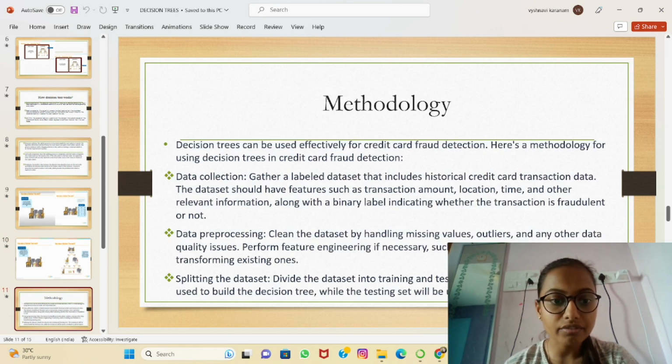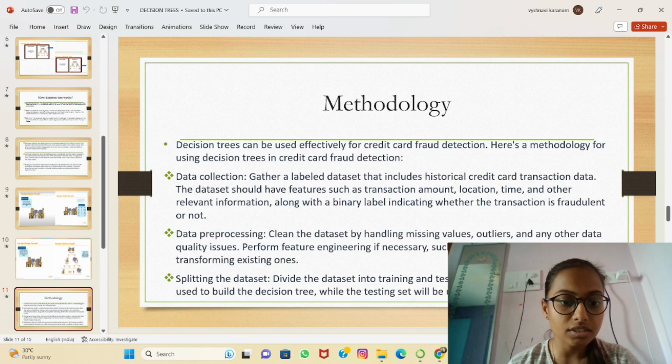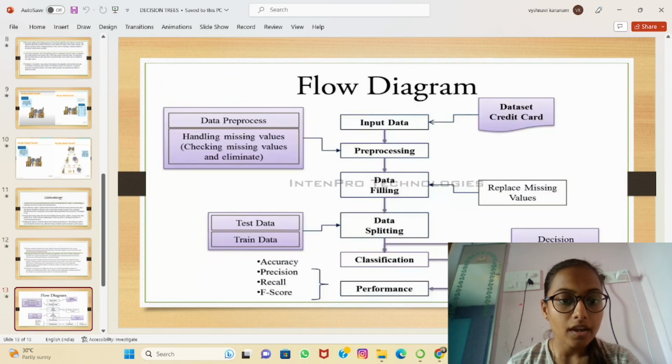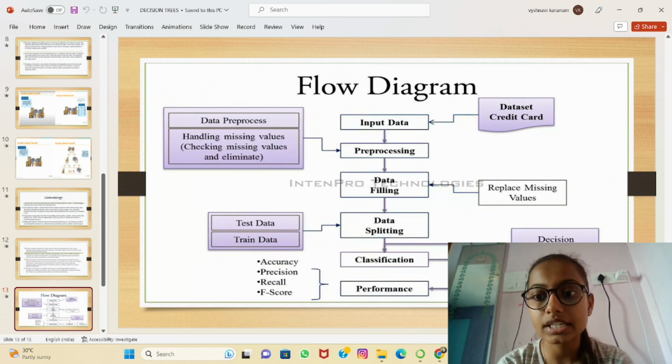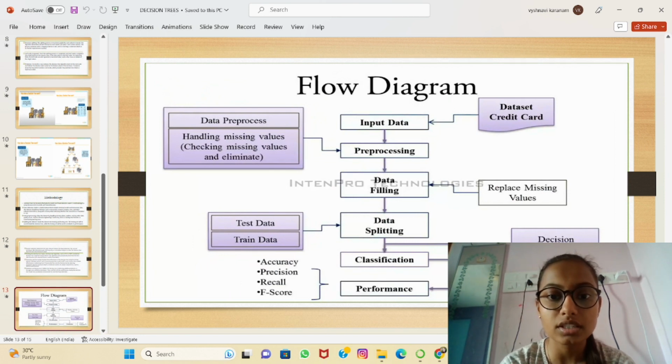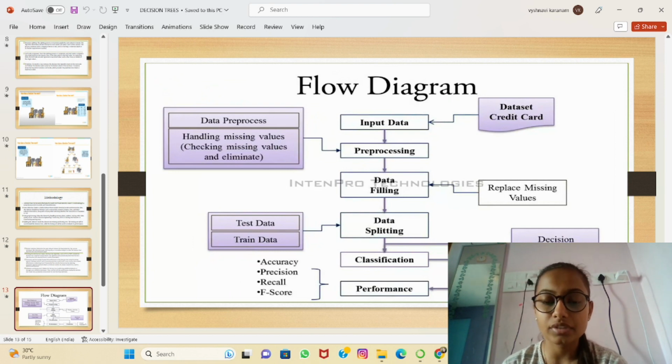So we can have the methodology like data collection, pre-processing, splitting the data, and this is the data flow diagram of the decision tree. First, we are going to select the data set of credit card and give it as an input. Now we are going to pre-process the data, filling in any missing values, and split the data into test and train data.